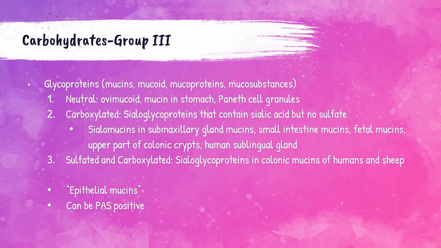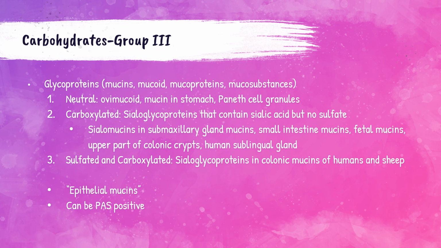The carboxylated category, meaning those that have a carboxyl group, include sialoglycoproteins that contain sialic acid but no sulfate. So these sialoglycoproteins are a combination of sialic acid and glycoprotein. These are mucins in the submaxillary gland, the small intestine, upper part of the colonic crypts, human sublingual gland, and fetal mucins.